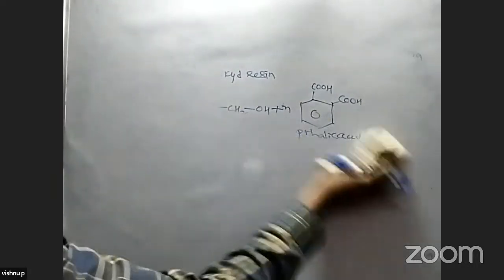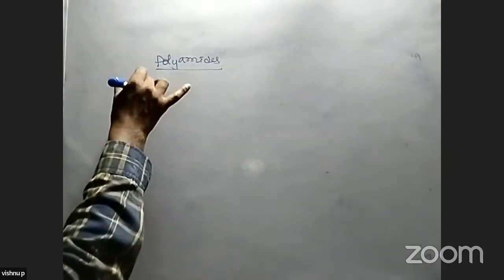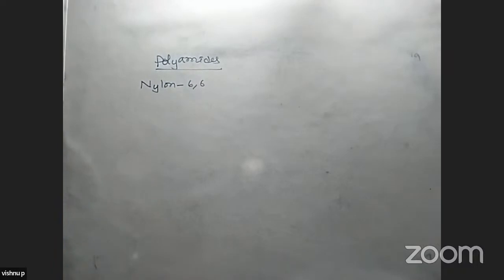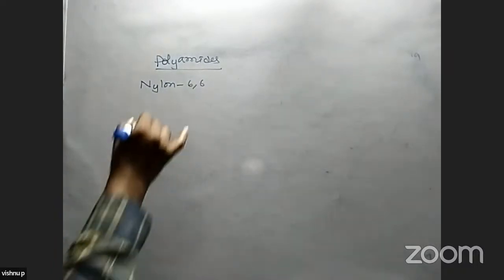The next type of polymers are polyamides. We'll take an example: the first type of polyamide is nylon 6,6. What are the monomer units?